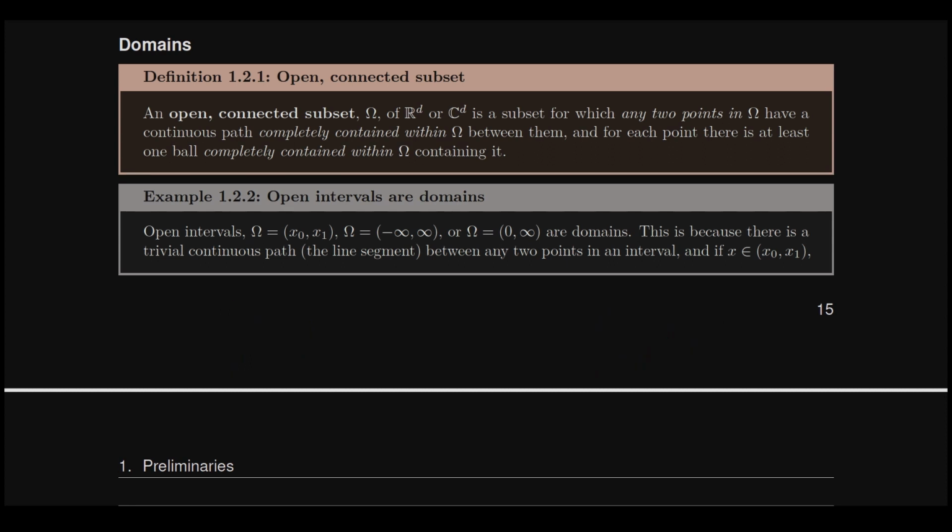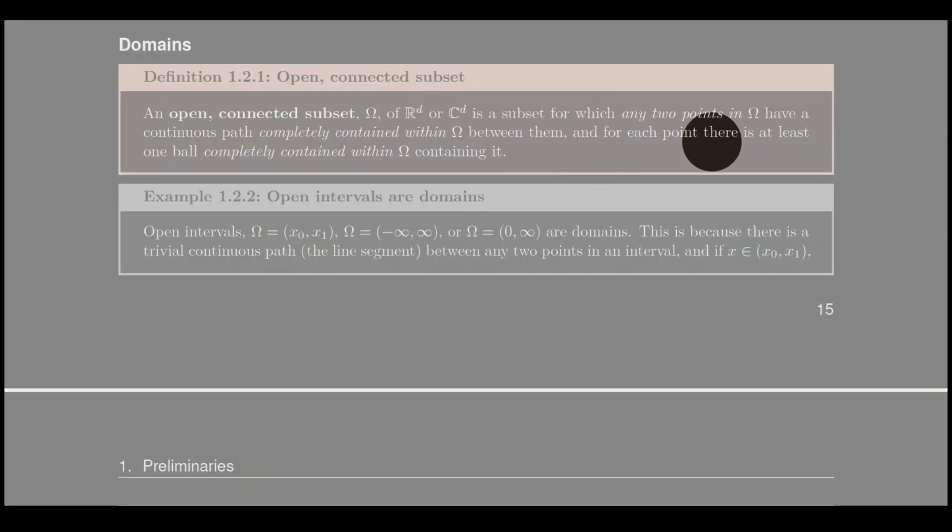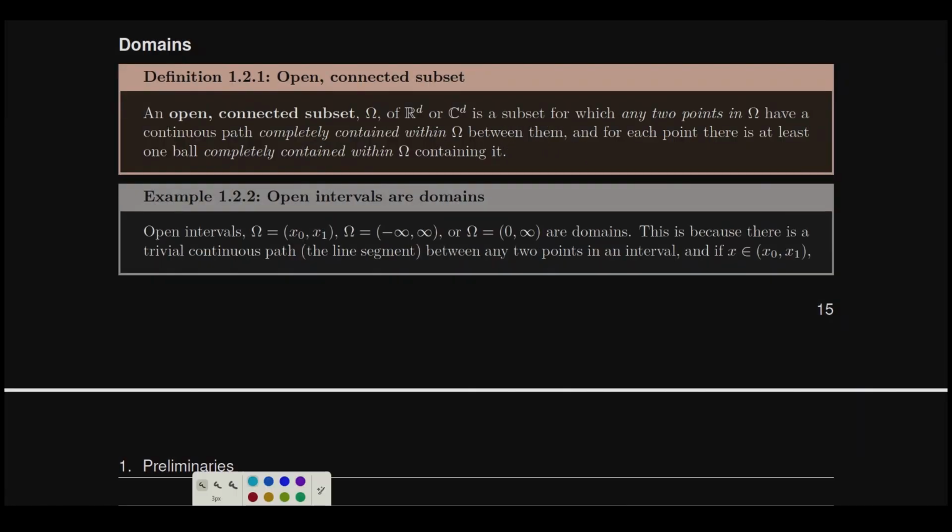Now open corresponds to, for each point, there is at least one ball completely contained within omega also containing the point. So for open, I shouldn't draw this with a solid line on the outside. I should actually draw it with a dotted line on the outside, because what it means to be open is that I can't include any of those points on the boundary. I have to grab a point inside omega, because if I'm open, there's at least one ball contained within omega containing the point.